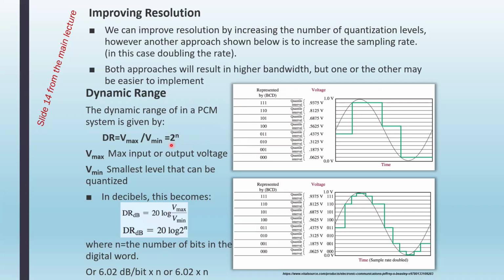So the dynamic range is 8 with 3 bits, which means we can chop this whole signal from the weakest to the strongest into 8 levels if it's unsigned sampling. And of course, remember, if it was signed, then we would chop it into 4 this way and 4 that way. Either way, we get 8 in total, right?